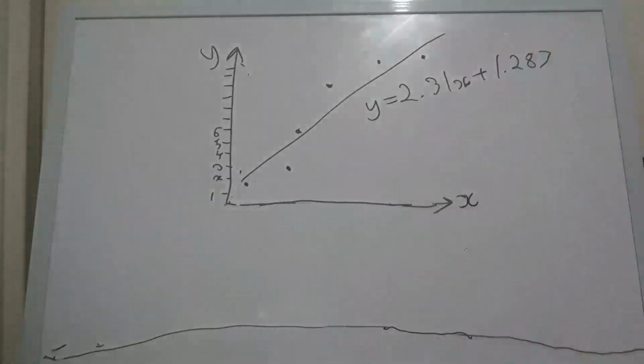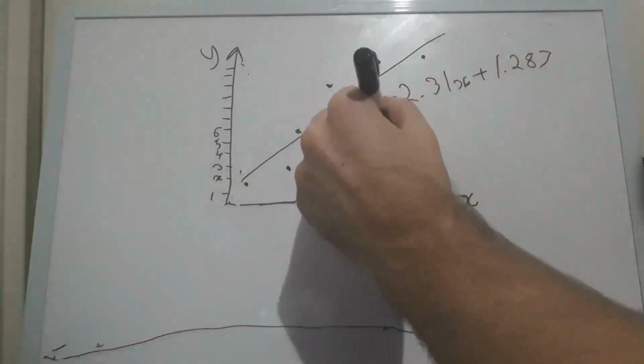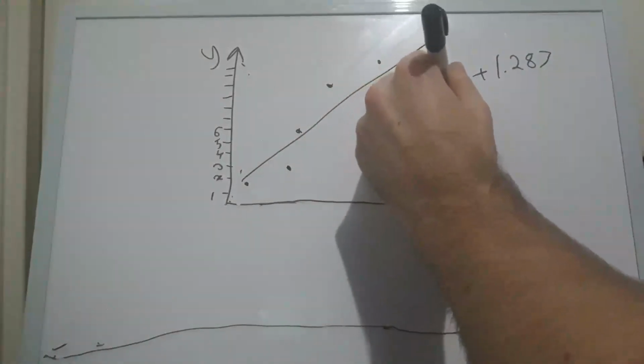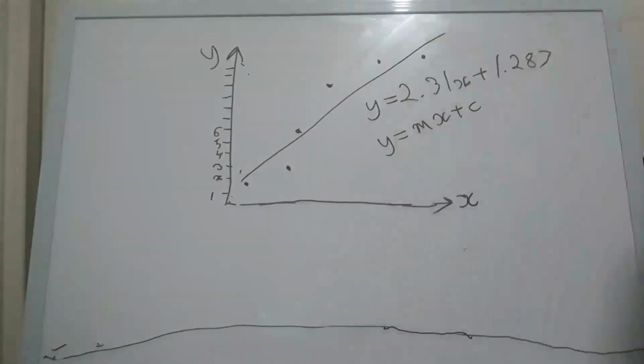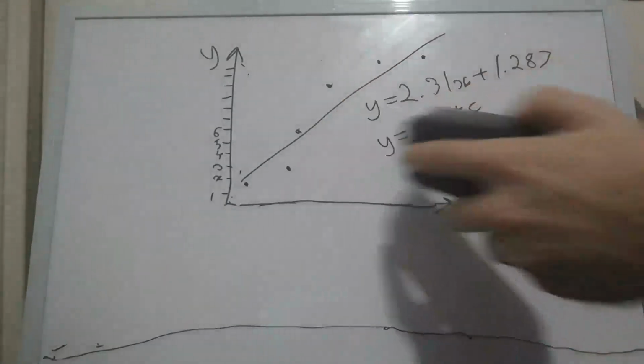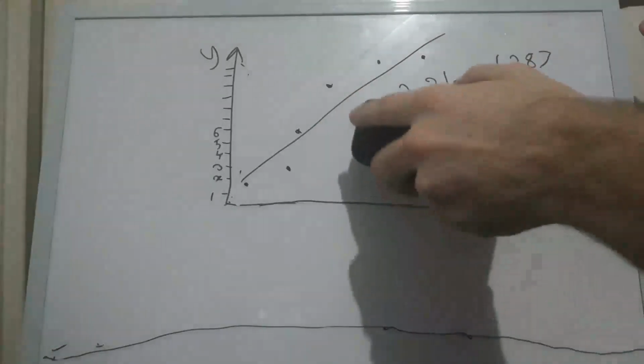I made up those numbers, just for the record. But that's very similar to what you've seen for many years now of y equals mx plus c. I'm sure you're familiar with this. But what your graph will also give you, you'll tell it you want your equation in a format like that.